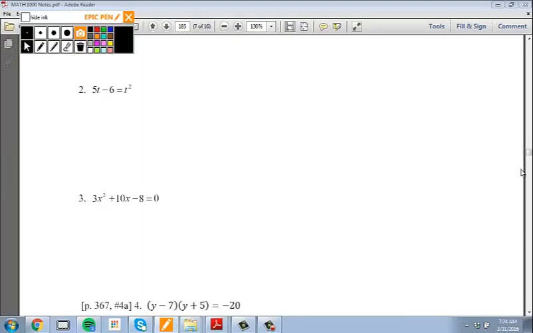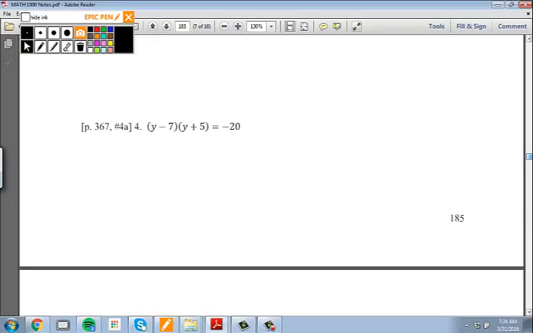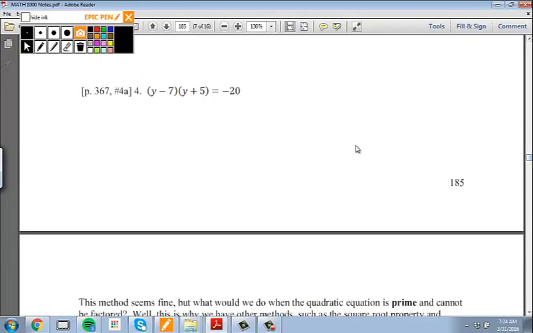Alright, let's move on to number 4. So this is y minus 7 times y plus 5 is equal to negative 20. For this one, we have to actually do the FOIL method first, and then set it equal to 0, then refactor, and then set those factors equal to 0. So let's do that.